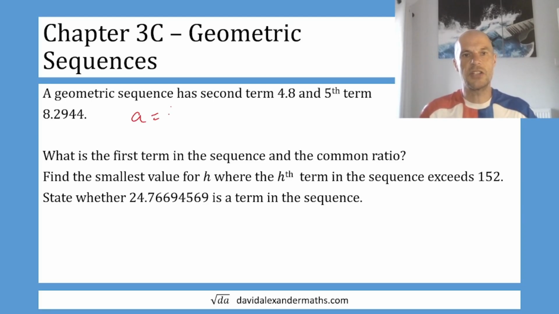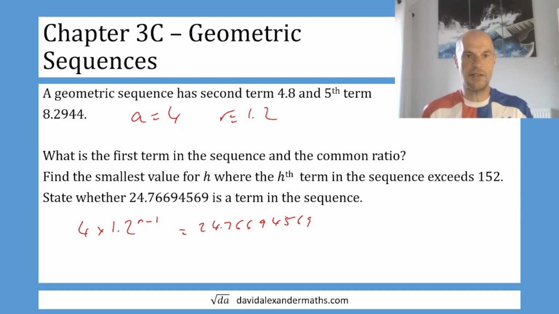Okay, so remembering that a is 4, r is 1.2, is it possible for 4 multiplied by 1.2 to the power of n minus 1 to equal 24.76694569? Well, first of all, I'm going to divide that number by 4. 24.76694569 divided by 4 is, so what we'll have here is 1.2 to the power of n minus 1 is 6.1917.